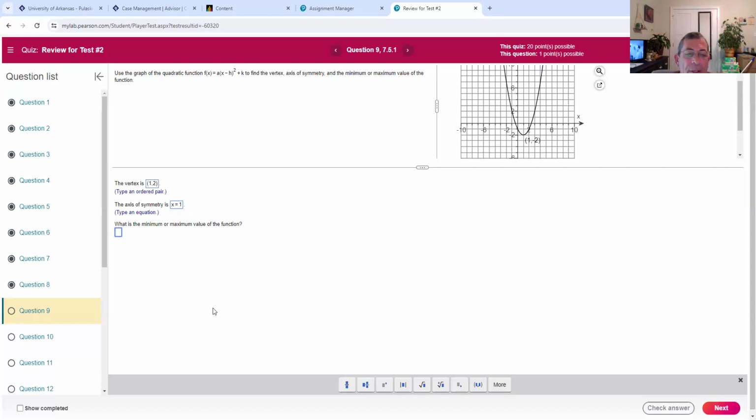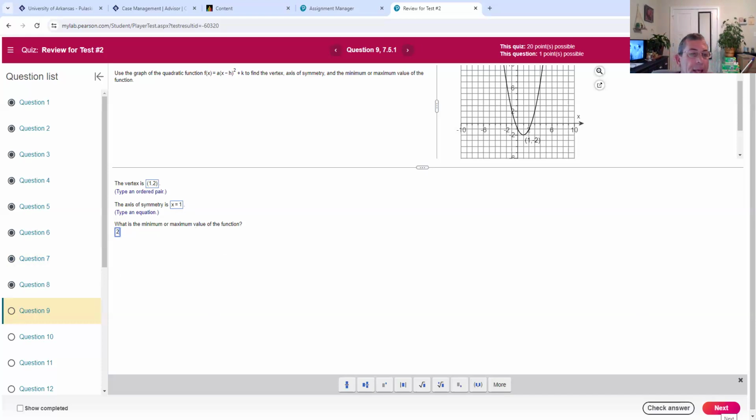So 2, good job. So Jackson, on this one, you don't need the x equals. All you need is that positive 2 there for the y value, okay? So y'all notice, axis of symmetry, it'll say type an equation under it, x equals 1. Minimum or maximum value, it just wants the number, okay?